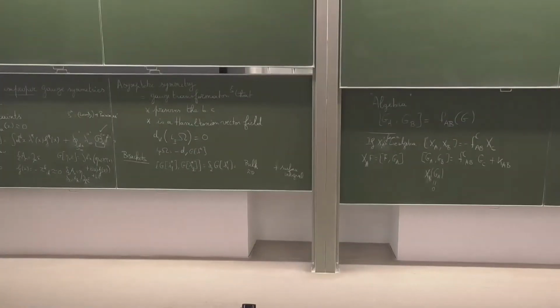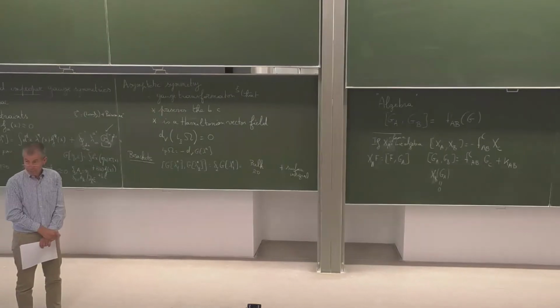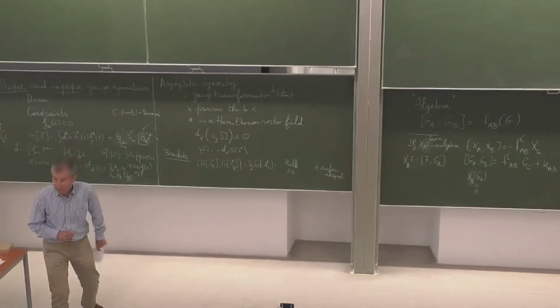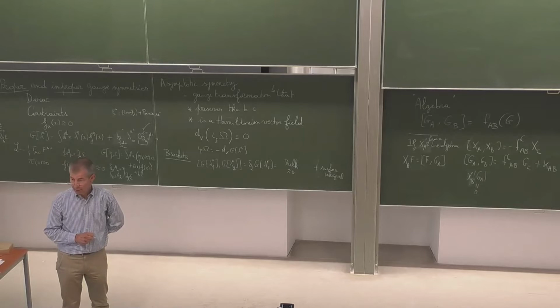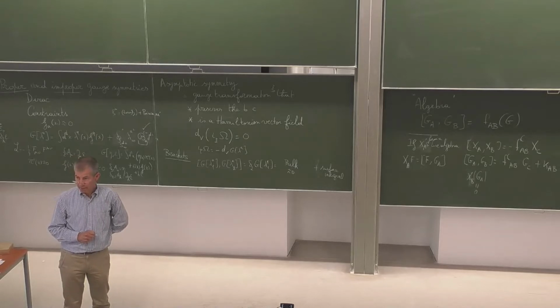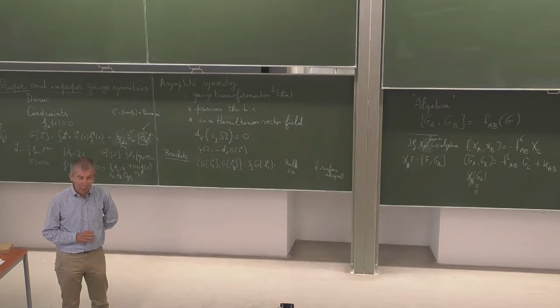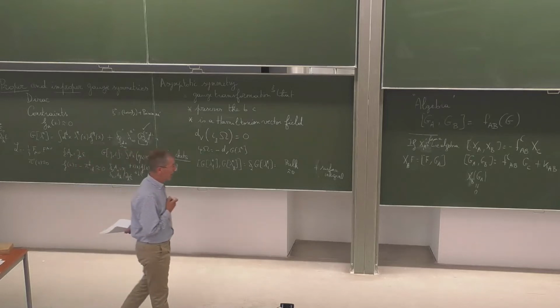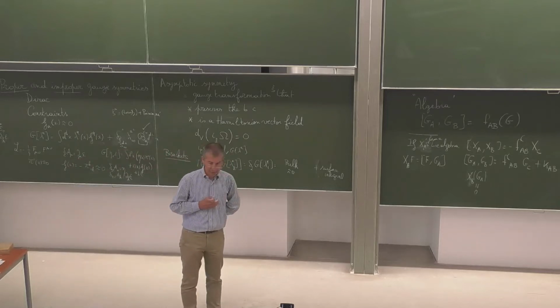Yes? If it is an exact symmetry of a background, it's clear that you cannot have K. You explained that if it is an exact symmetry of a background, you cannot have K. But why is it not possible to have a situation in which X_B G_A is different from 0 if you have a finite number of generators? No, I'm just saying the presence of a central charge can occur in finite dimensional systems.